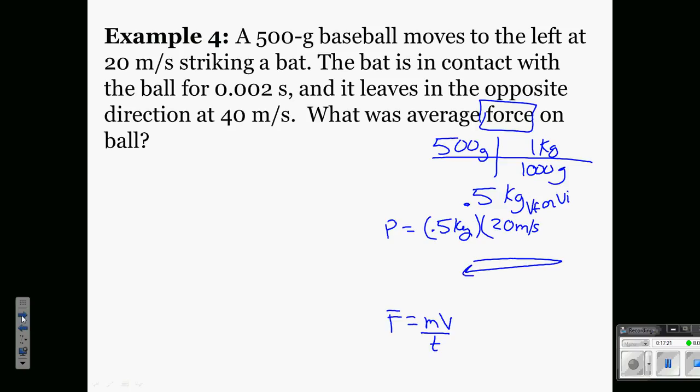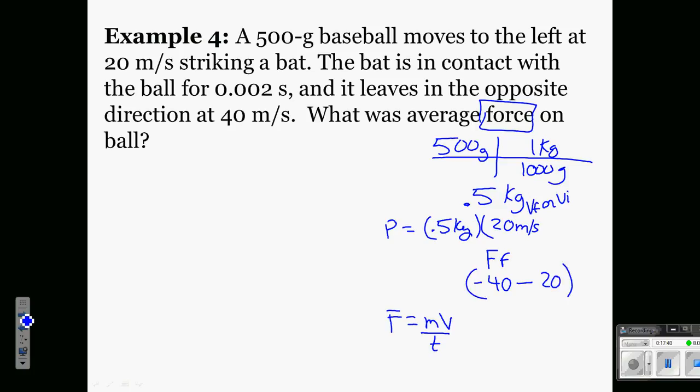Well, we subtract, okay? So our final is 40 minus, and that's a minus, our initial, which is 20.